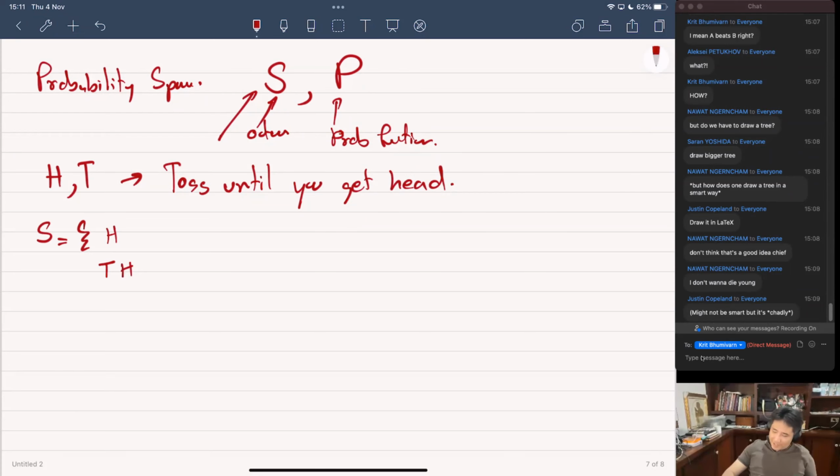Or you may get tail, tail, then head, or tail, tail, tail, then head, or tail, tail, tail, tail, then head. But you know that you could do it an infinite number of times. Is everyone good?